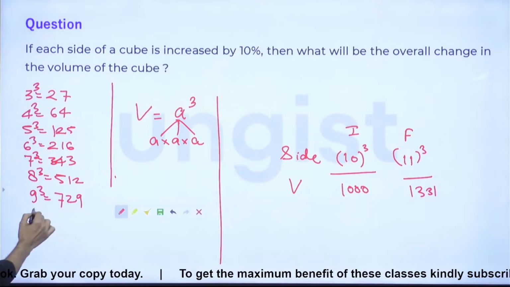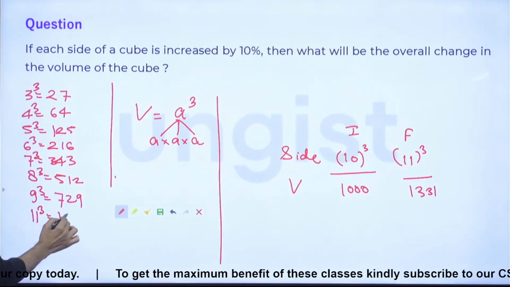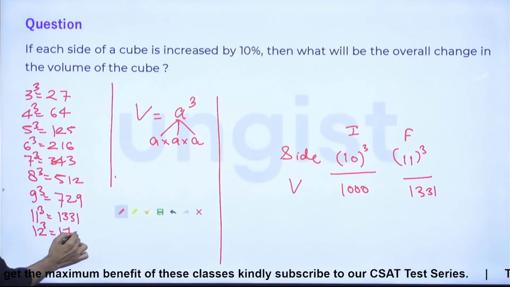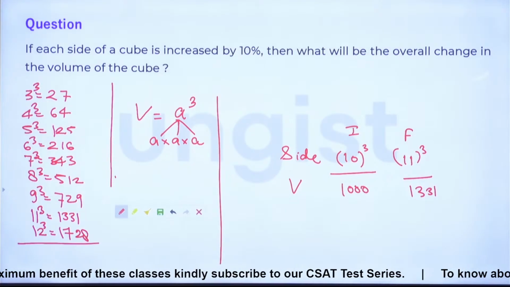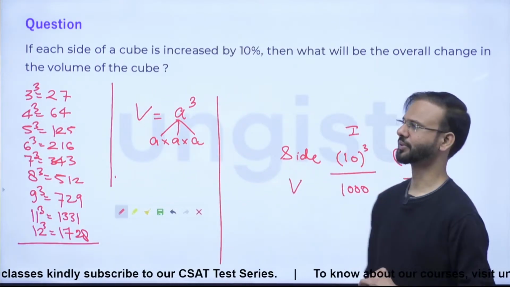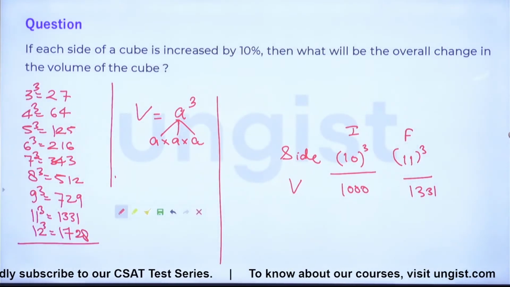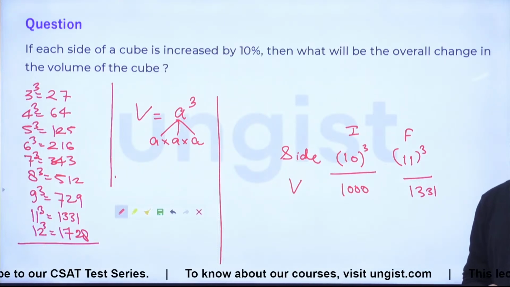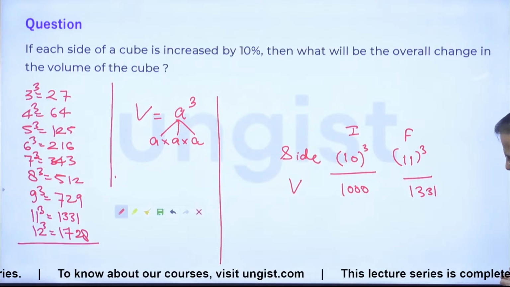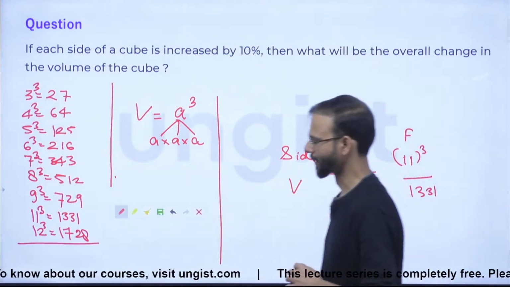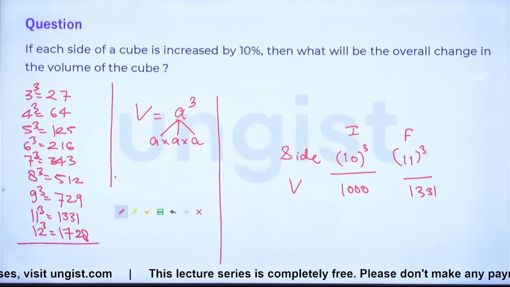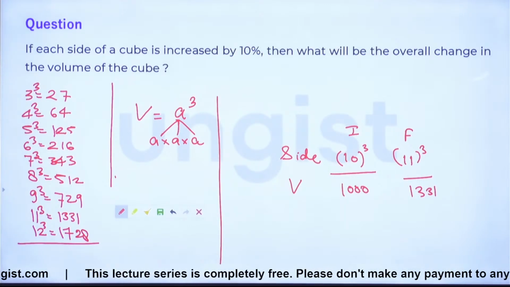Very good. 10 cube is 1000. 11 cube is 1331. 12 cube is what? Yes, 1728. Very good. Right? All of you fine now? So you should be knowing the cubes till 12 at least.